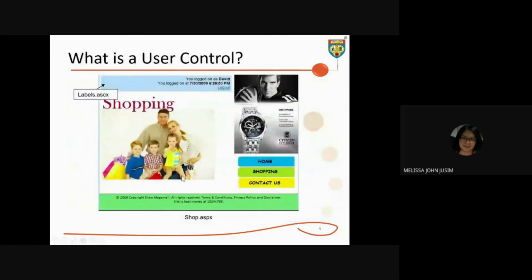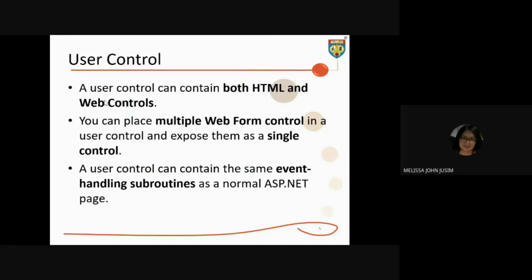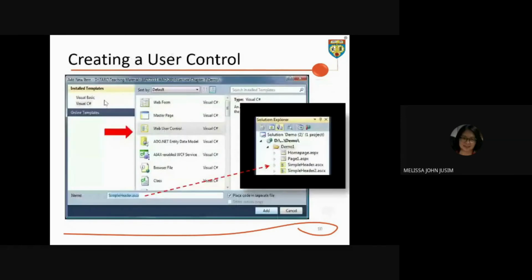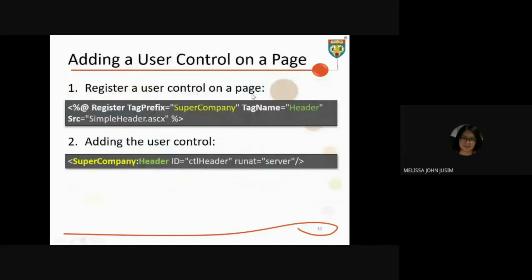Say you have a page, in this example, shop.aspx, and you want to add in your user control. You have your ASCX user control. So how do we use it? Let's go back to the slide just now. First of all, if you want to add your user control on a page, the first step is to register first.